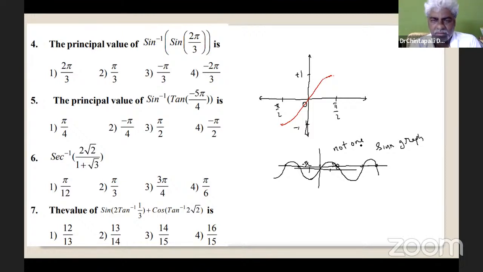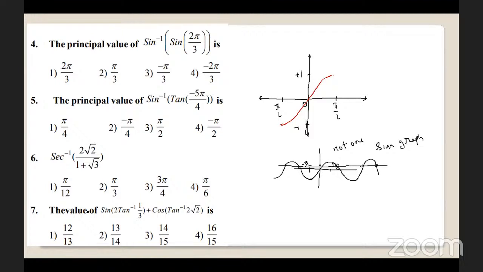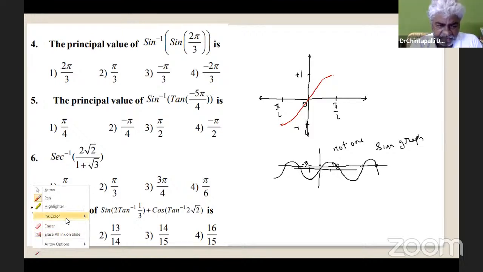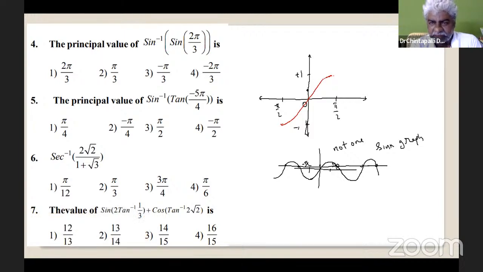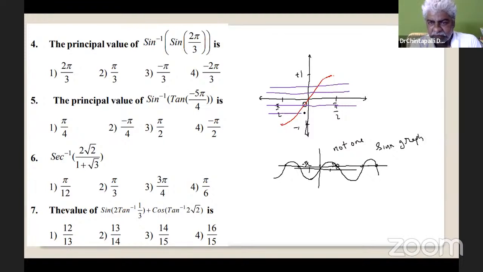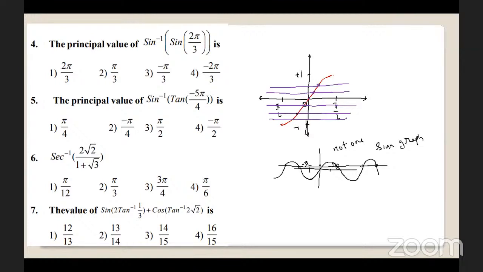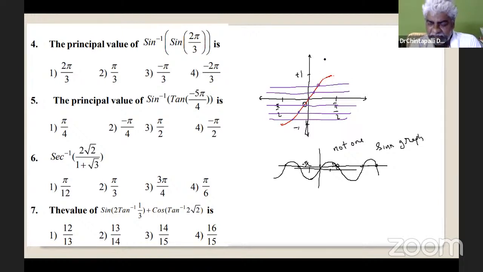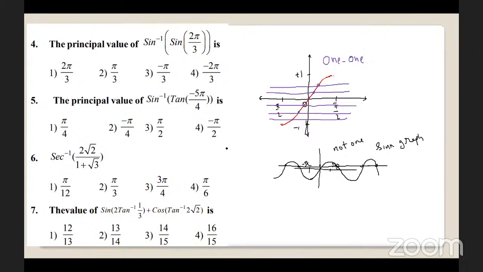For example, we can draw as many parallel lines as we wish, but each parallel line meets this graph at exactly 1 point, not at more than 1 point. That's why it is a 1, 1 function.